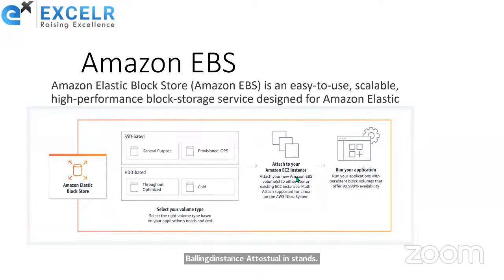Even when your server is in running state, you can attach storage to that particular server. Then run your application with persistent block volumes that offer 99.999% availability. So Amazon offers the availability of the data on that hard disk with 99.99% assurance. That's how efficient and reliable a service Amazon provides to users.